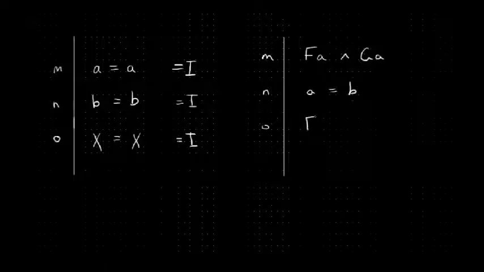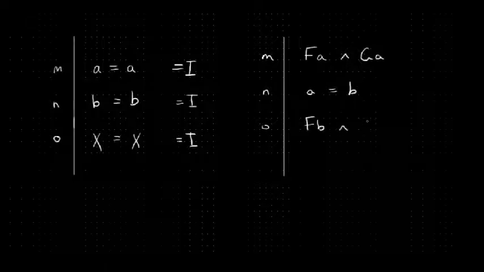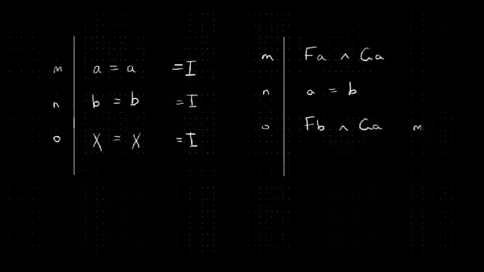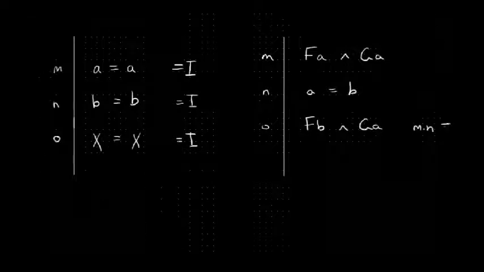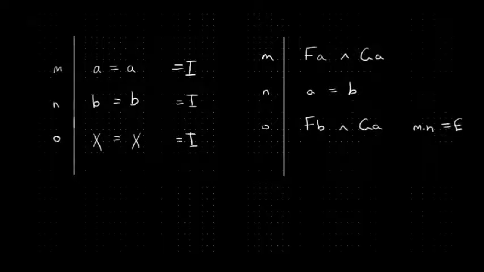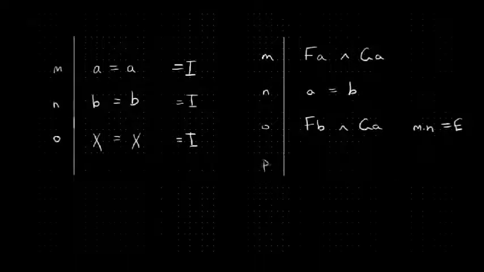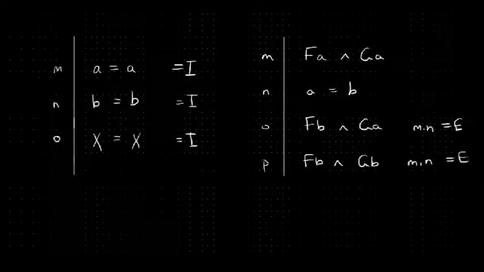So we could say FB and GA, and that would be with appeal to lines M, N and the identity elimination rule, or we could have swapped out both of them, so we could say FB and GB, and again that would be M, N and the identity elimination rule. And it's really that simple.